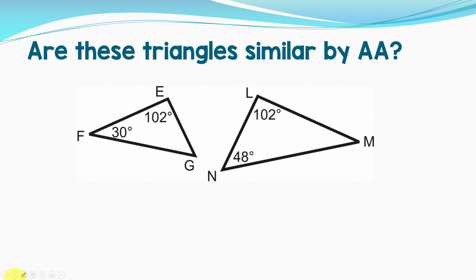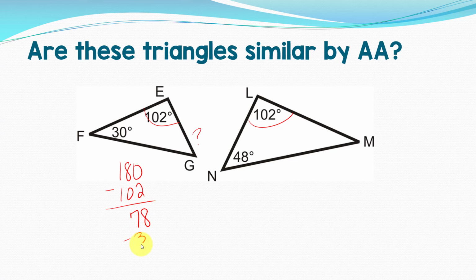All right, let's check it out. Are these triangles similar by angle, angle? So we've got this one that matches. Let's check. We need to see if this angle could possibly be 48, and I think this one is probably going to be that case. So 180 minus 102 gives me 78.